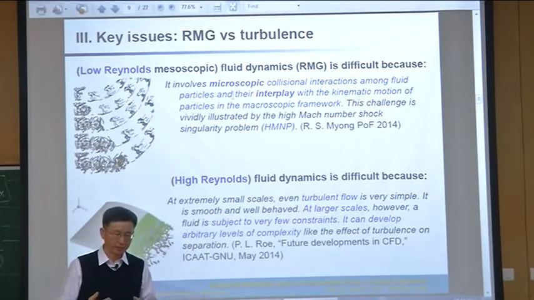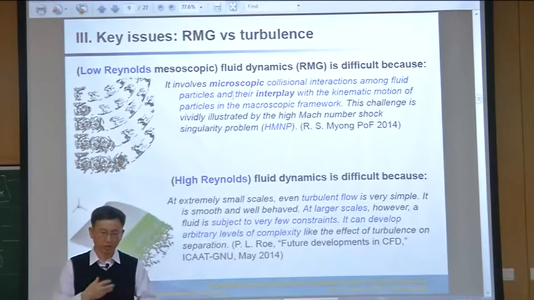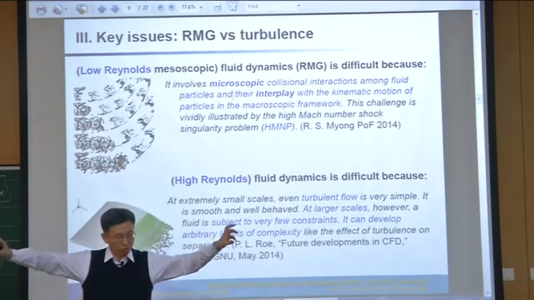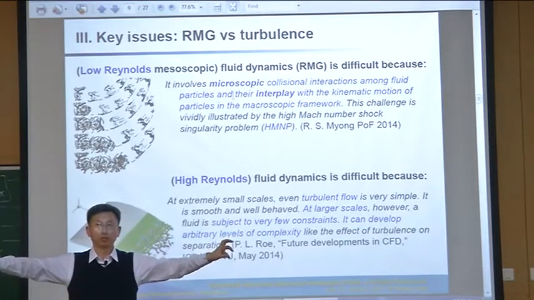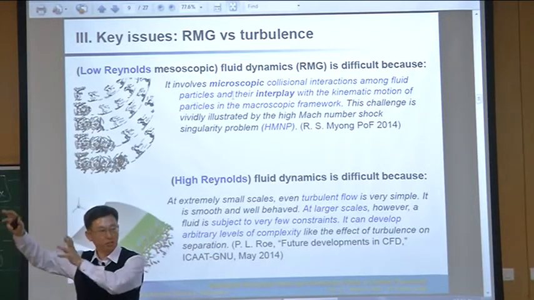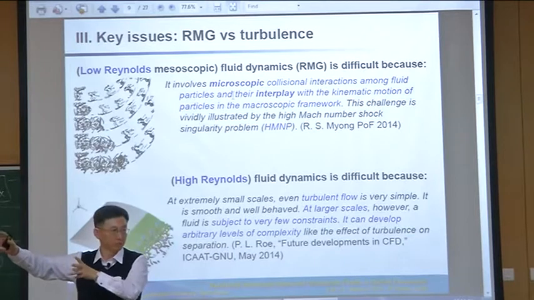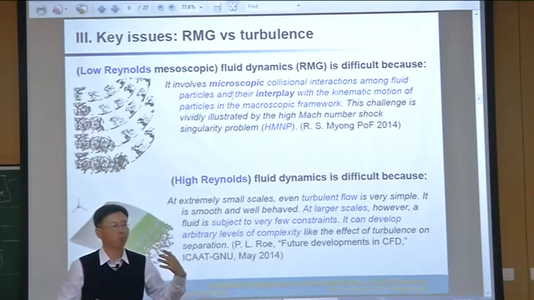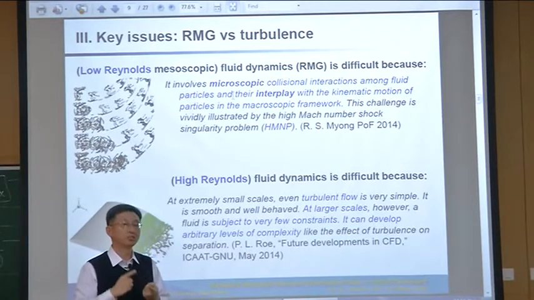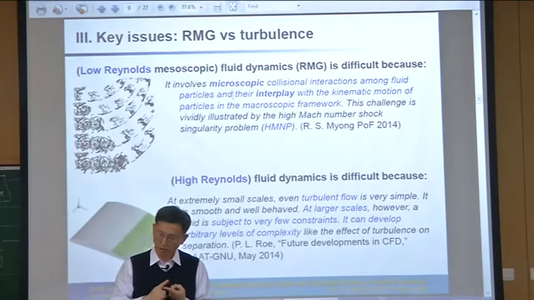Many people, when I present RMG materials, always think about turbulence. What happened to turbulence? The answer is there are two extremes. Turbulence is high Reynolds number. So high Reynolds number is turbulence. The RMG is another thing, low Reynolds number. So they don't overlap. That's the conceptual difference.